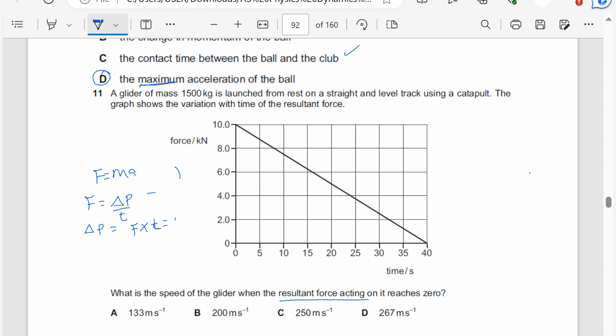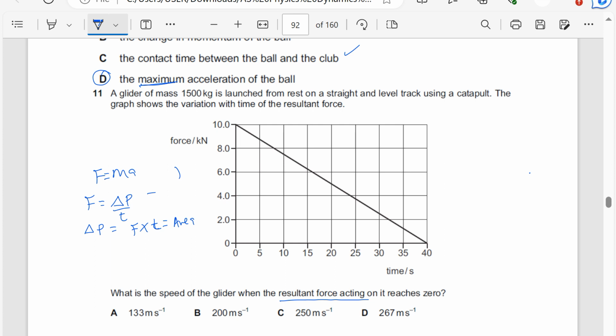And of course, this is going to be the area under the graph. If I have a graph of force against time, the area under the graph is going to be the change in momentum.